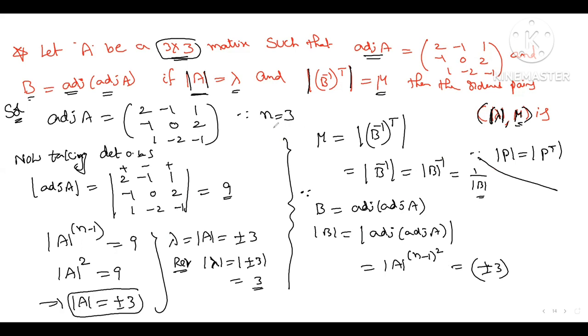What is the n value here? 3. So 3 minus 1 whole square is 4. What we get here is 81, that is 3 to the power 4. Therefore mu is equal to 1 by det B, which is 1 by 81. Final required is modulus of lambda comma mu, which is 3 comma 1 by 81.